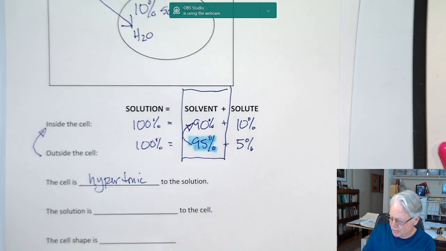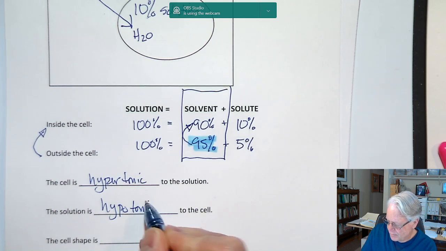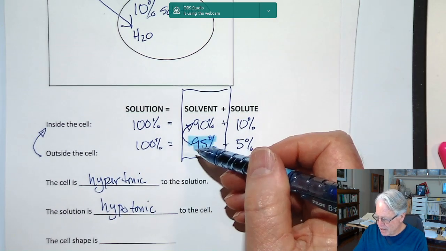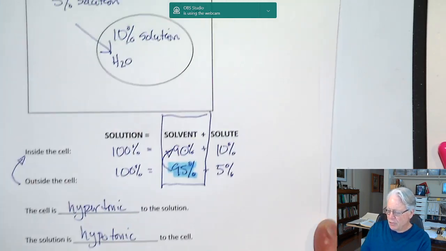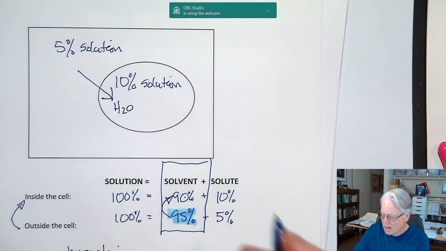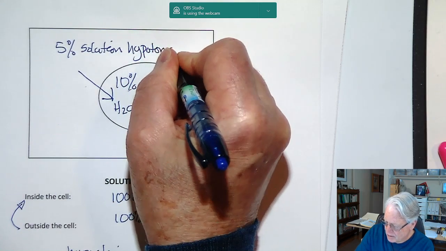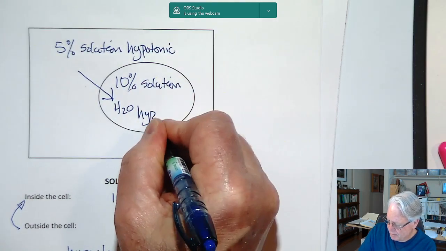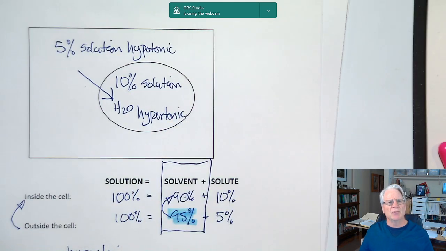So that is hypotonic. And water is moving from the outside to the inside. Okay. So water is moving from the outside to the inside. And what do we say? The solution is hypotonic. This is hypertonic. And once again, we see that water is moving from hypotonic to hypertonic.